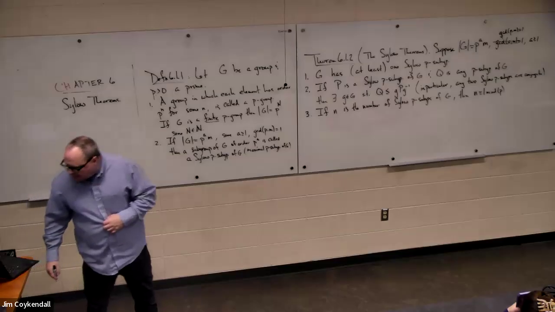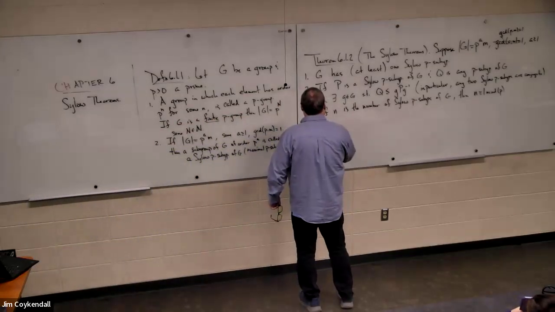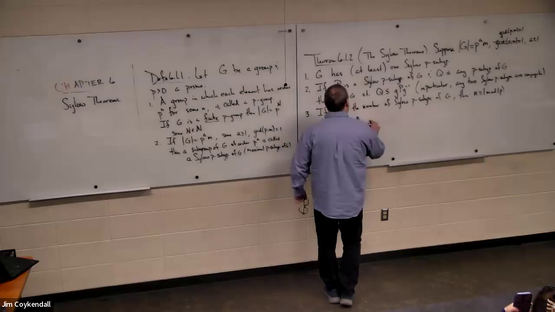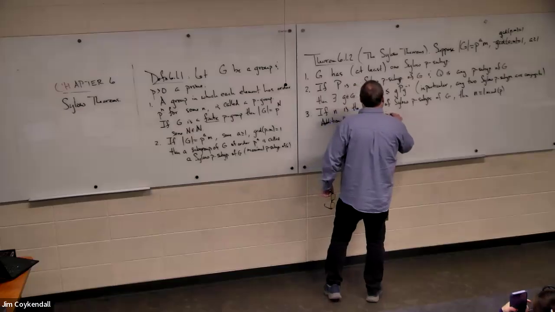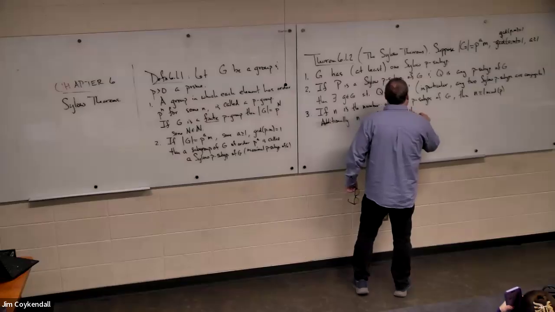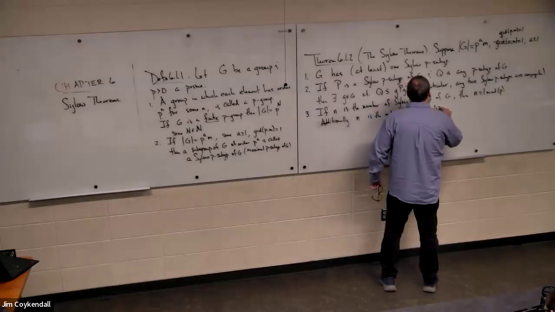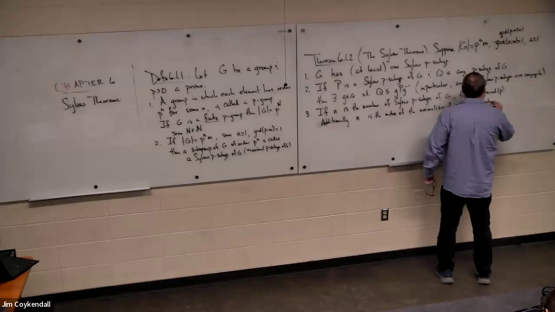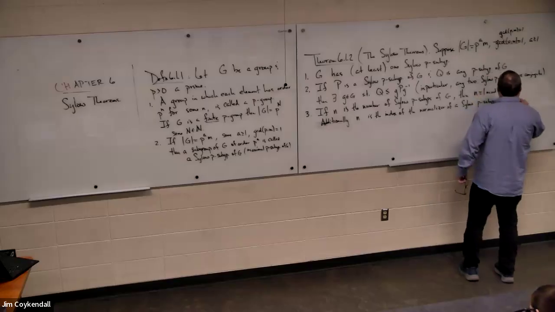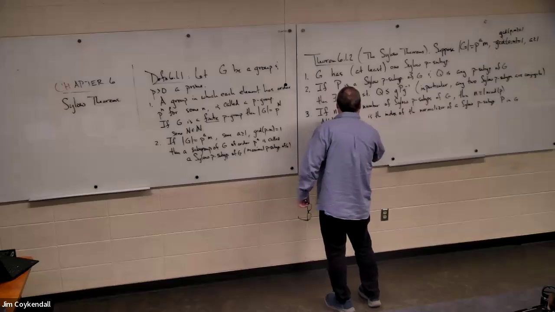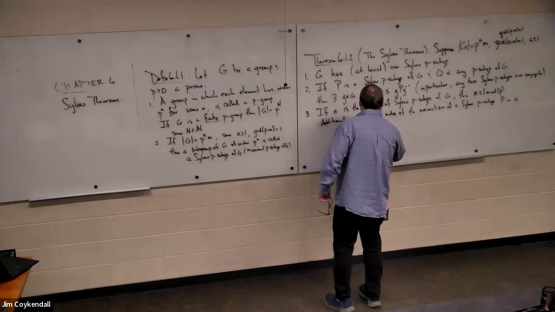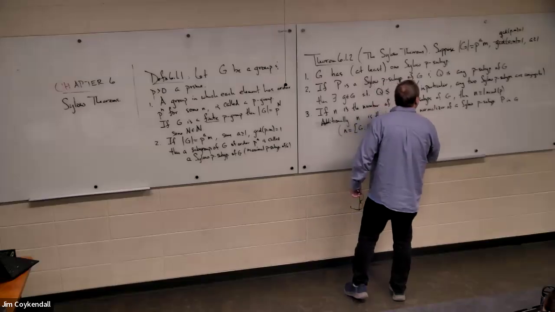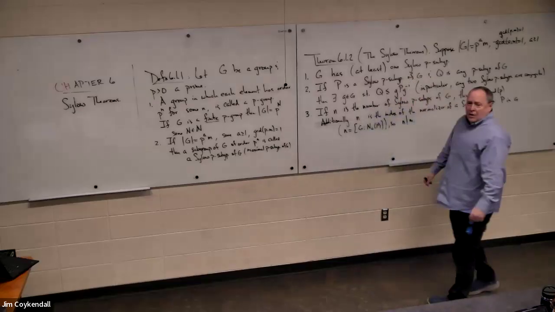Additionally, N is the index of the normalizer of a Sylow P subgroup P in G. So N divides M. So that tells me two things.